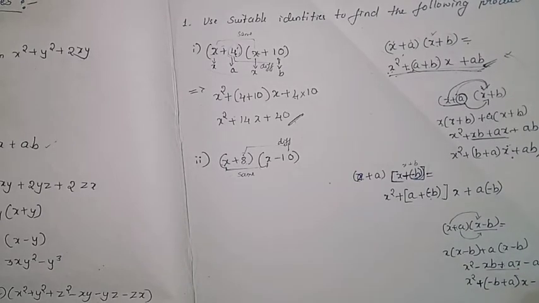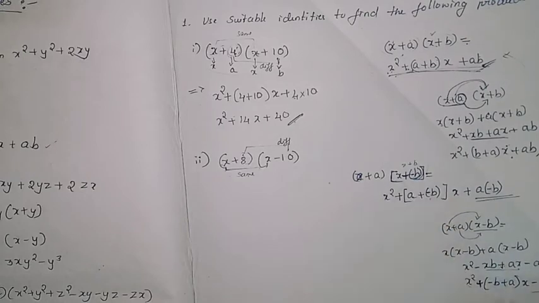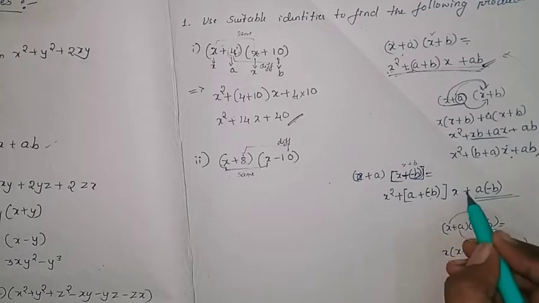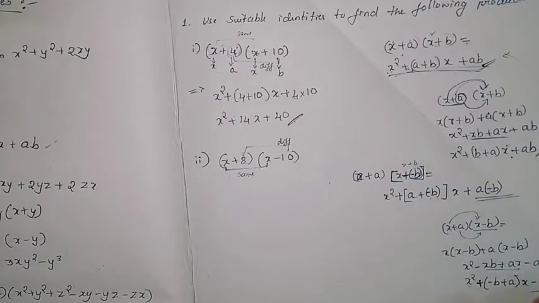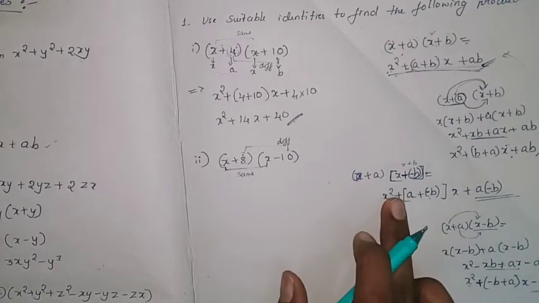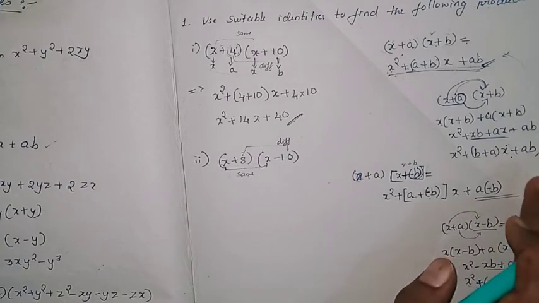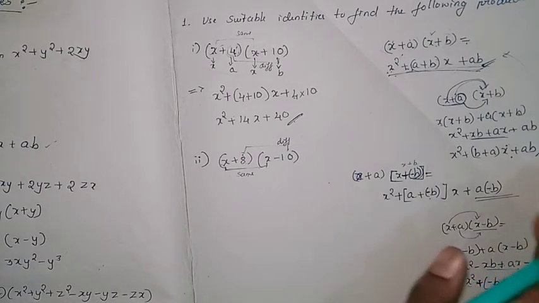So you can observe now the two formulas are same. x square minus b plus a, x into the bracket, plus of plus into minus, that is minus ab. That means similar. So which method will I follow? I will follow this one, because you can remember the one formula. On the basis of that you can write the formula also.